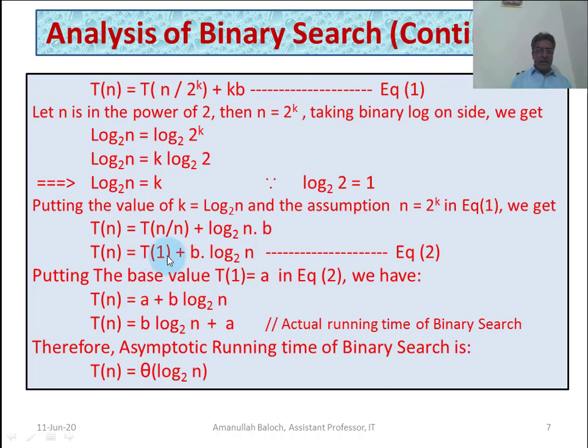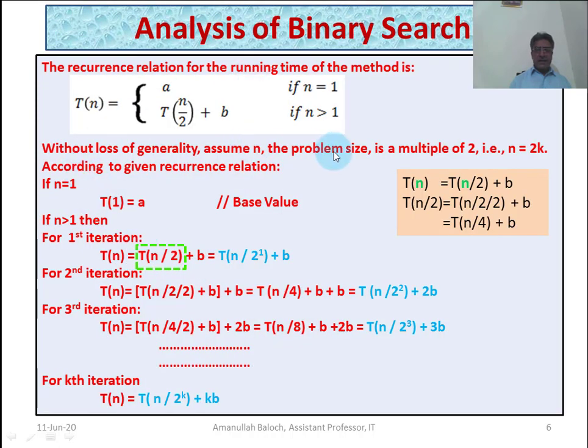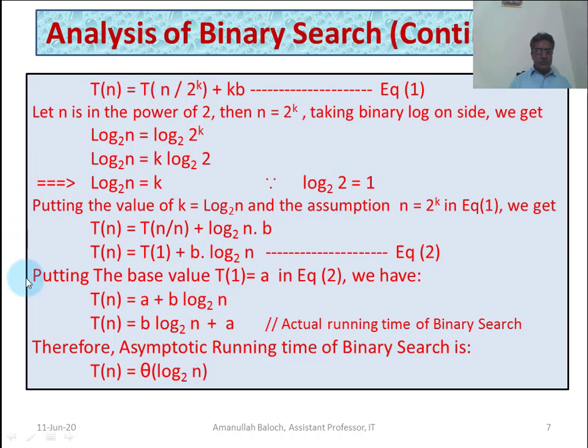Recall that T of 1. Recall in the recurrence, if n is 1, then T of 1 will be equal to a. So at the place of T of 1, we put the value T of 1 is equal to a in equation 2, and it becomes T of n is equal to a plus b log of n base 2.